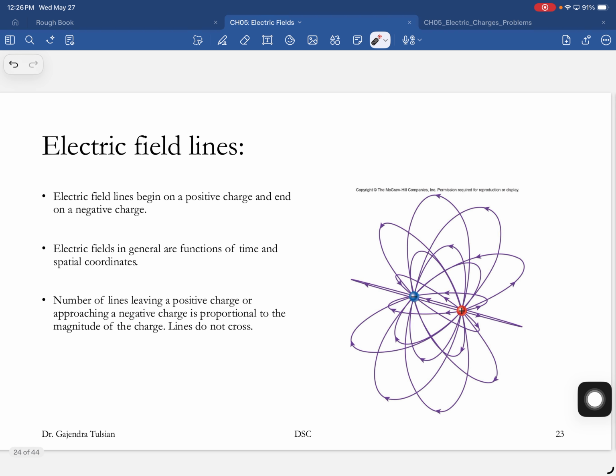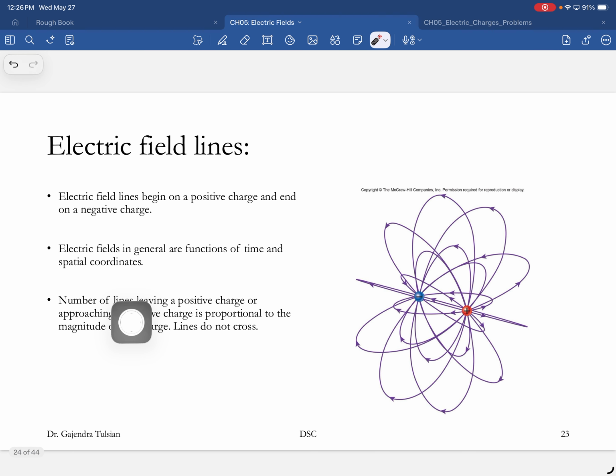It doesn't matter. So here's what we use. The number of lines leaving a positive charge or approaching a negative charge is proportional to the magnitude of the charge. So if the charge is twice as big, you just draw twice as many lines coming out.